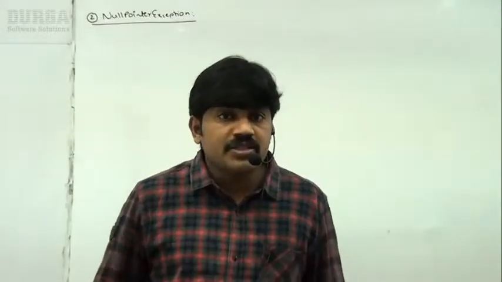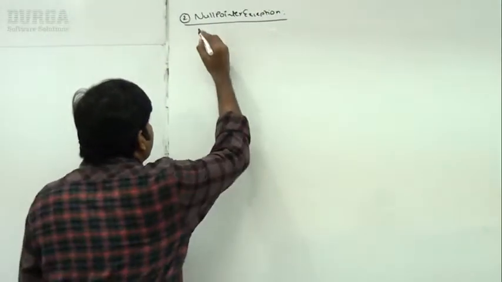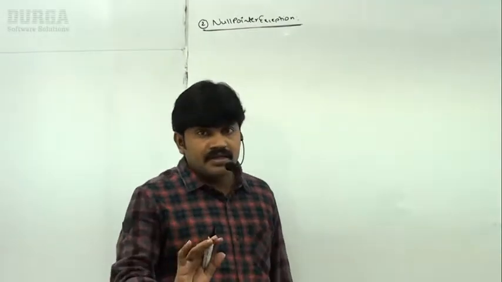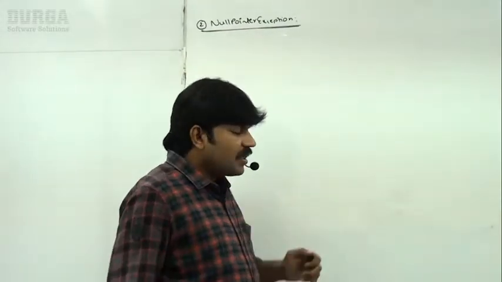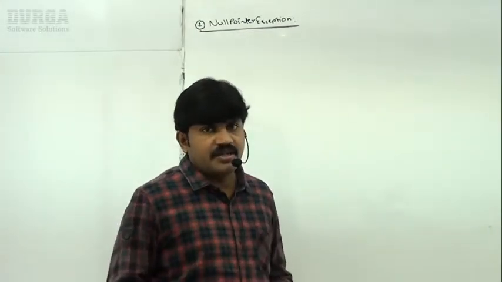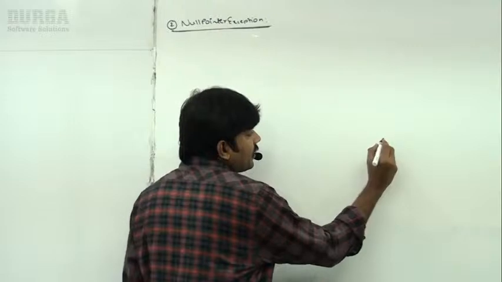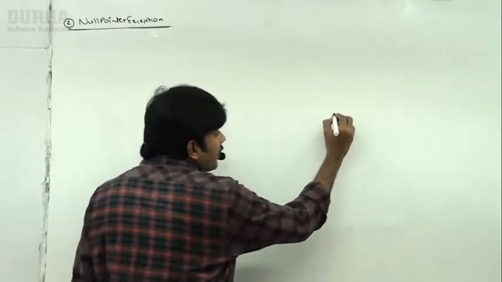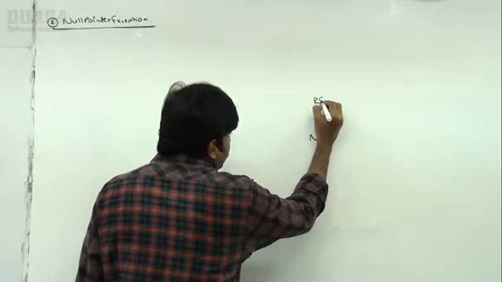Now the next one, the second exception I have to explain: null pointer exception. The name itself indicates it, right? Is it checked or unchecked? Null pointer exception is the child class of runtime exception.